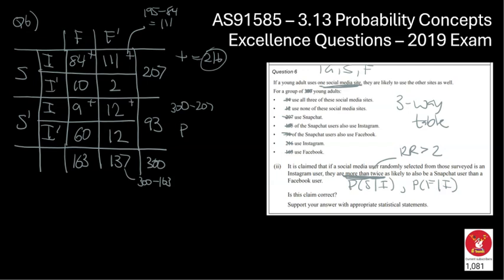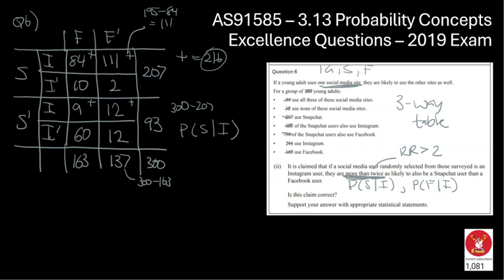So the probability that they have Snapchat given they have Instagram, that's going to be equal to, so the Instagram people are the only people we care about, and we know that's going to be all the plus signs, which came to 216, and remember that's in the question as well. So that's my denominator for both of my probabilities.